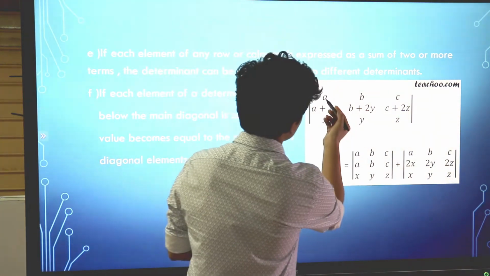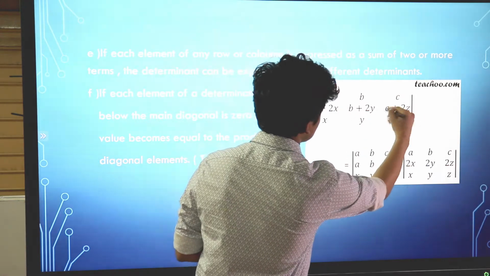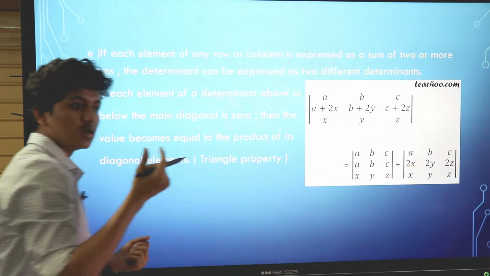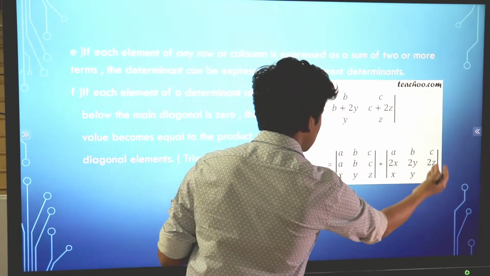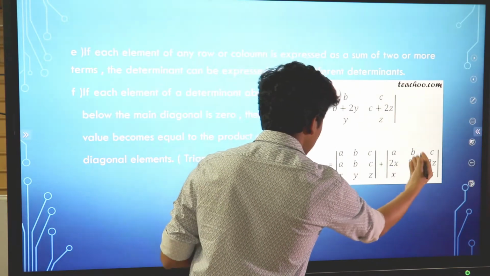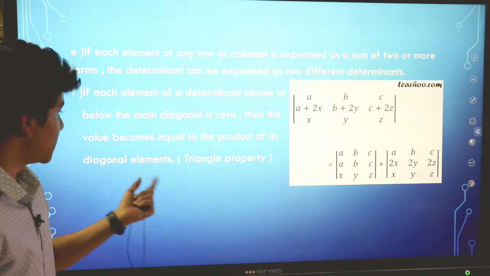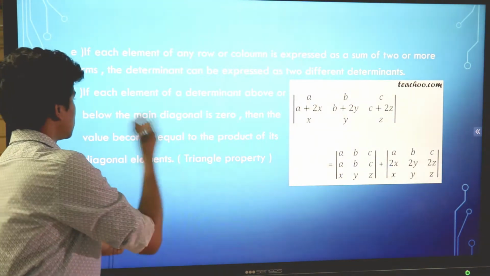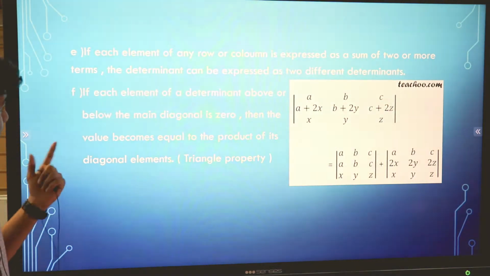So right here, a plus 2x, this term and this term, they are sums of two terms, that is the element. So if I want to write it separately, I can. If a plus 2x can be written as a and 2x separately, they can become two different determinants, which is two different boxes or two different values.